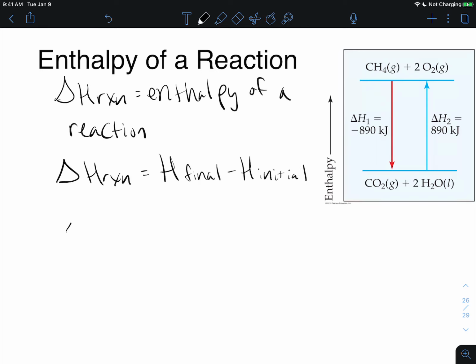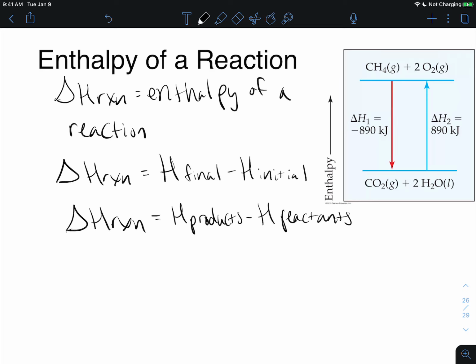And since we're talking about a reaction, this is the same as our energy of our products minus the energy of our reactants, or enthalpies. Okay? So this can give us how much heat is lost or gained during reaction, and it'll tell us if the reaction is generating heat or if it is absorbing heat.